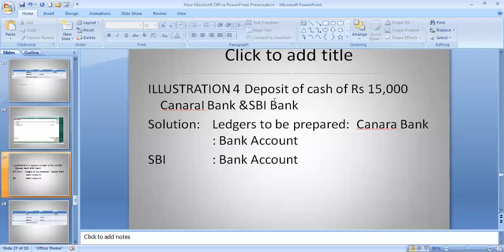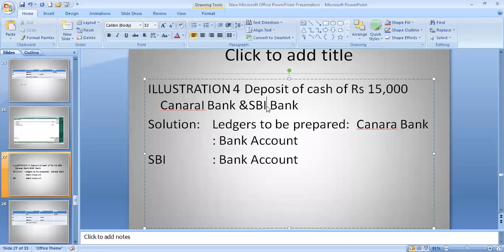So here, make the transaction as Canara Bank and ICICI Bank. Okay. And also make it ICICI Bank instead of SBI.